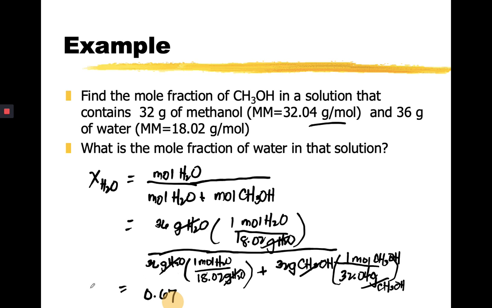Okay, therefore the mole fraction of H2O is 0.67. And then if you are asked for methanol, then you can just have X of CH3OH is equal to 1 minus 0.67. Then that gives us an answer of 0.33. Alright? But what is asked in the problem is this one.